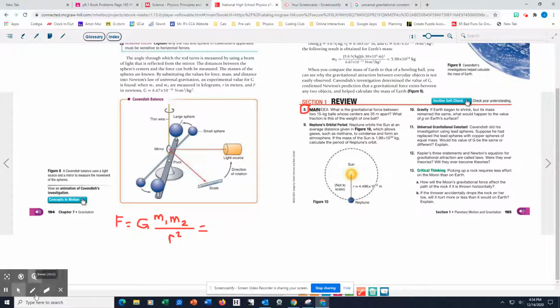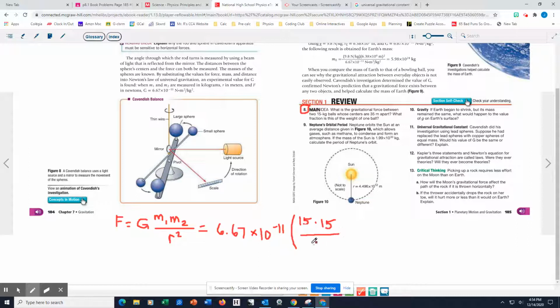All right. So 6.67 times 10 to the negative 11th times M1 and M2 are both 15 kilograms, right? 15 times 15 divided by the square of the distance between them, right?